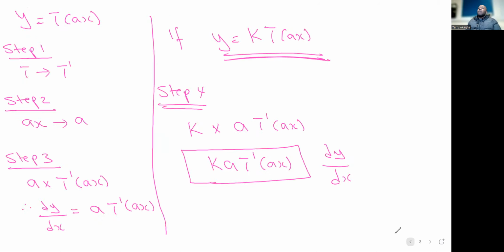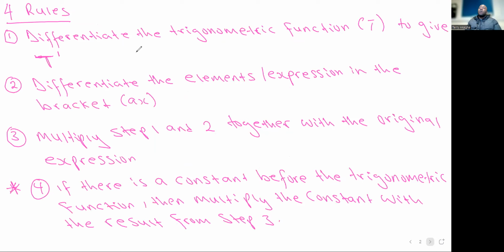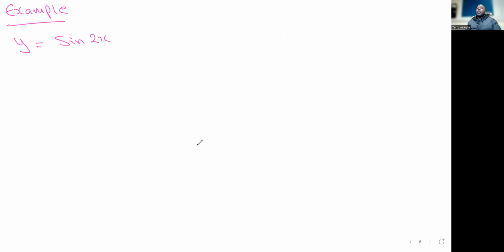So let's pick an example. Let's say we're told that we need to differentiate y is equal to sine 2x. Now, step 1, we need to differentiate the trig function, right? In this example, the trig function we have here is sine.